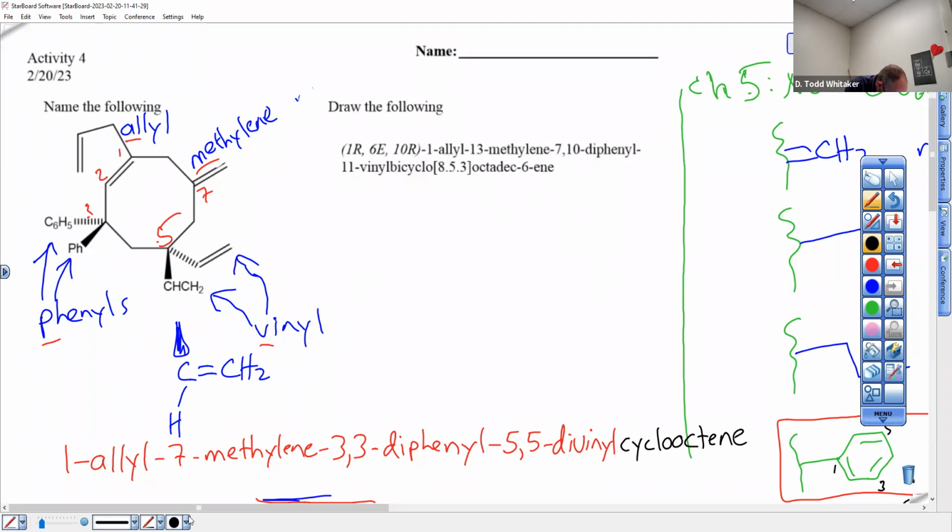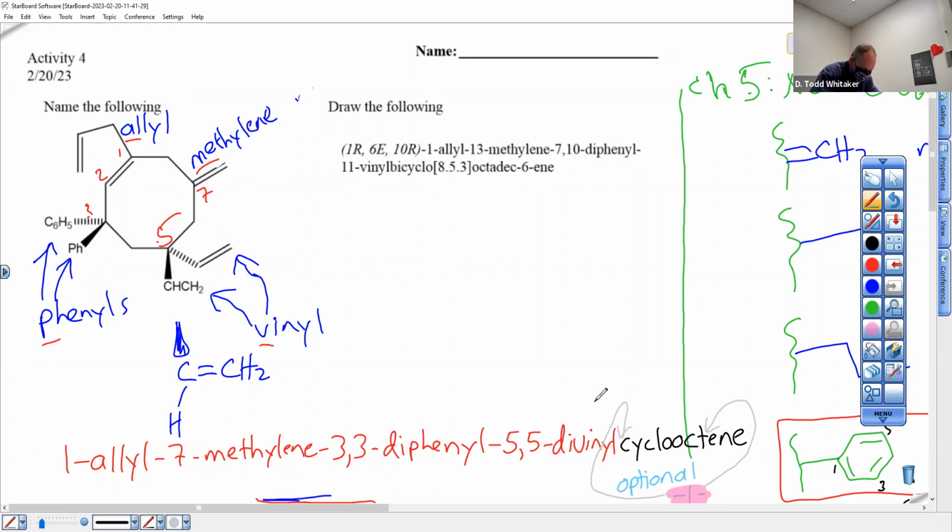But just to be clear, you can sneak a 1 in a couple locations. You can put the 1 here, or I can put the 1 in front of the cyclo. Okay? And it's optional to start with. You don't need it at all.